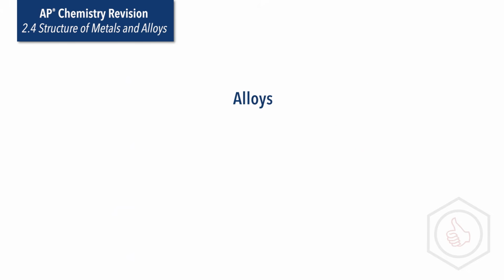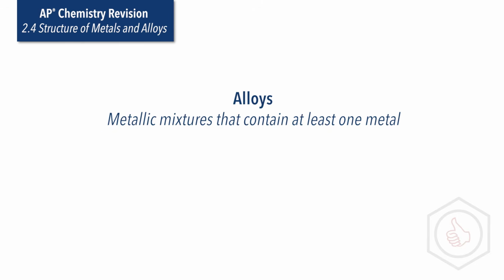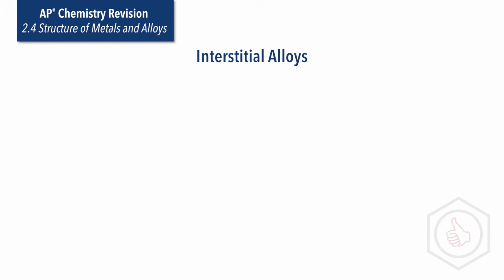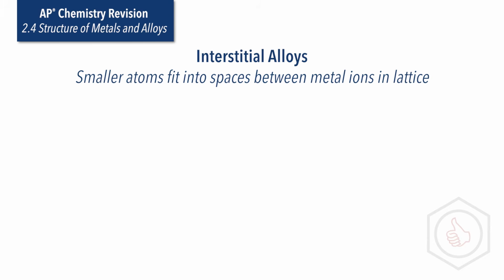Alloys are mixtures that contain at least one metal. They retain metallic bonding, but often have altered properties, depending upon the composition of the mixture. There are two main types of alloys you need to know: interstitial alloys and substitutional alloys. Interstitial alloys form when small atoms, which are often nonmetals like carbon, fit into the spaces between the larger metal atoms in the lattice.